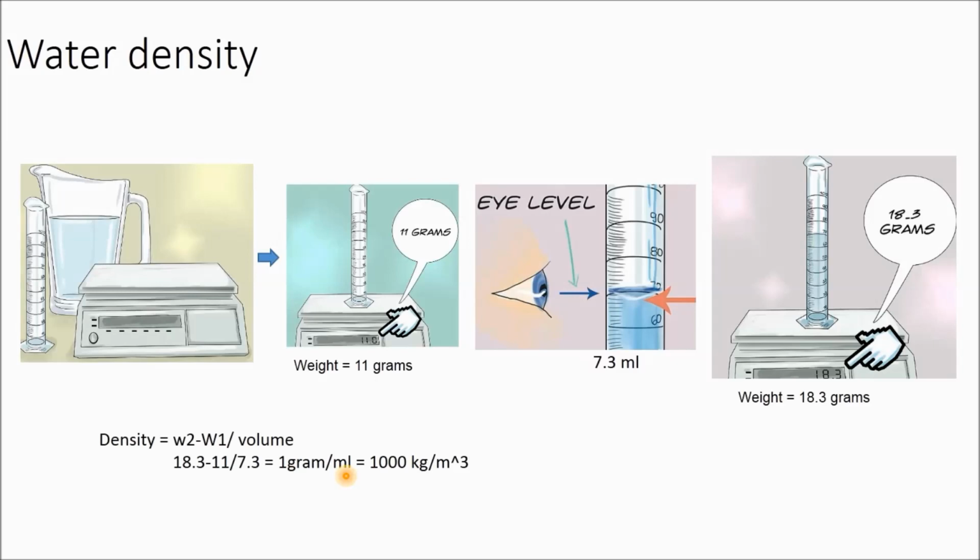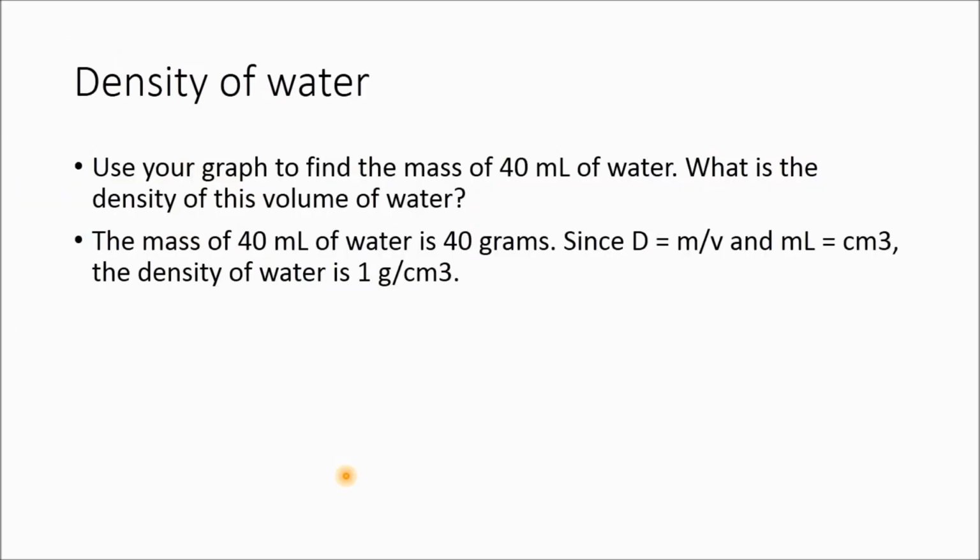For your understanding, the mass of 40 ml of water is always 40 grams. 1 liter of water is always equal to 1 kg of water. So the density of water is close to 1 gram per centimeter cube, or equal to 1000 kg per meter cube.